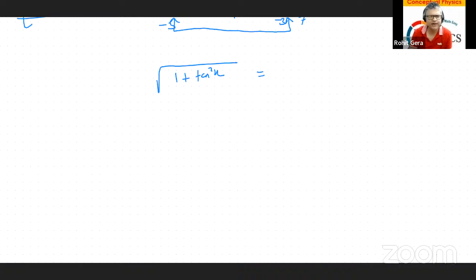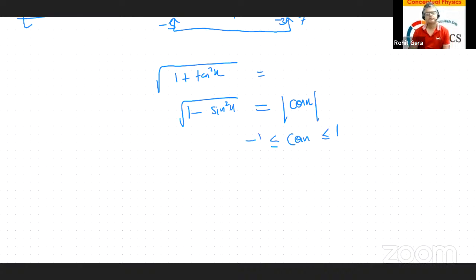Under root of 1 minus sine square x. Write it as cos x, and then say cos x fluctuates between 1 and minus 1. There are two roots, plus and minus. Correct. So always write like this.